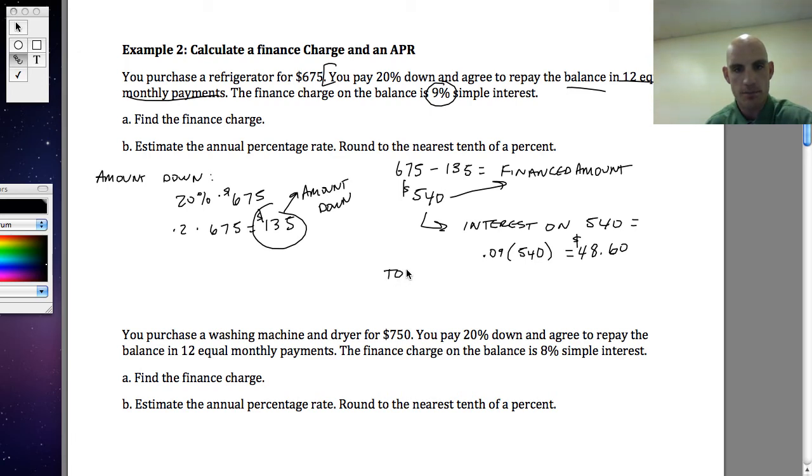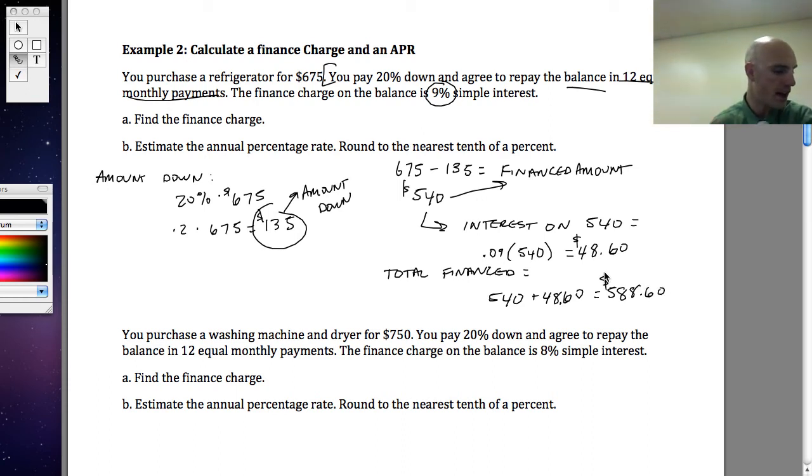So my total financed is equal to 540 plus 48.60 equals 588.60. That's the amount that I'm going to be paying over that whole time.